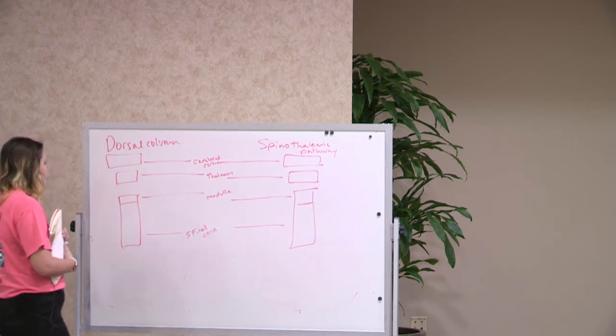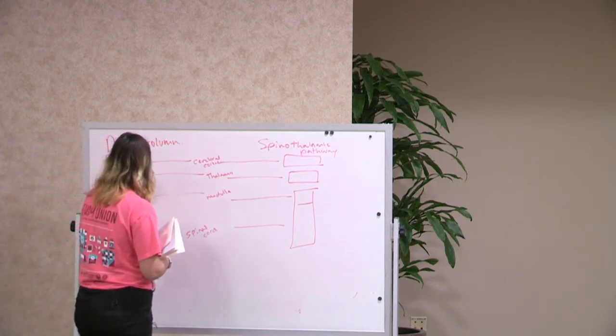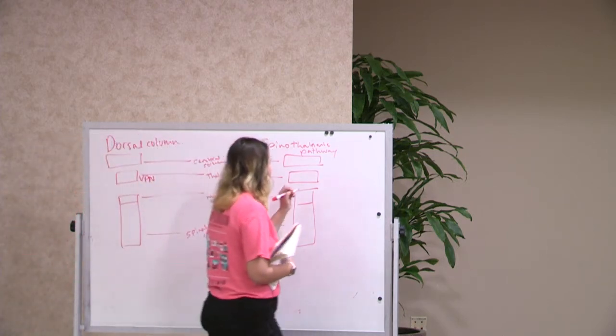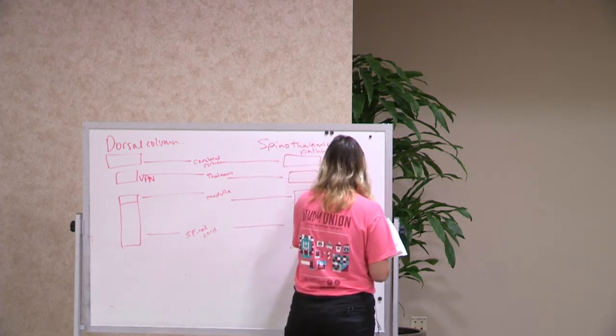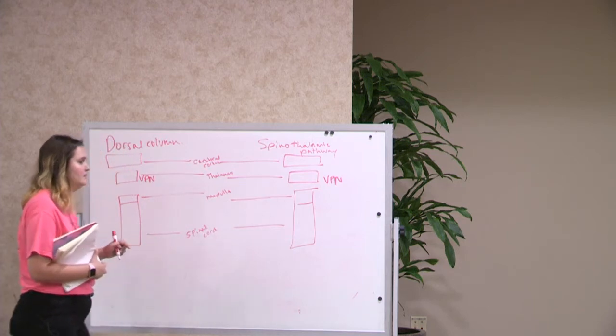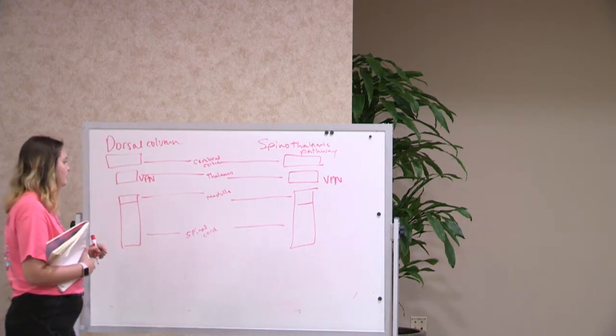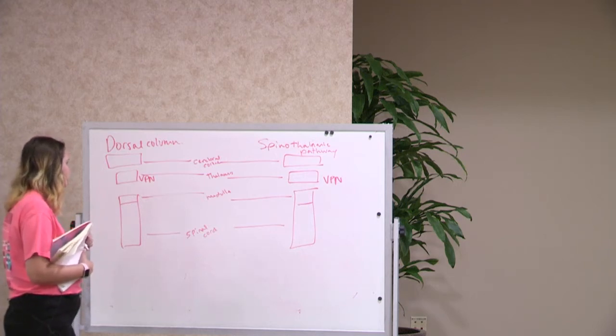For both of them, at the thalamus, they're going to synapse at the VPN. Don't get that mistaken with the MGN, which is in the auditory pathway, which I know we didn't go over, but it'll be on the website.